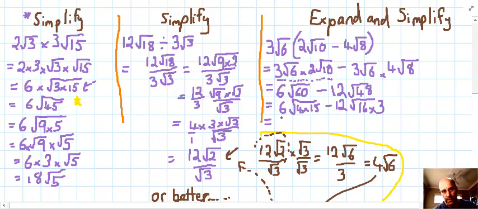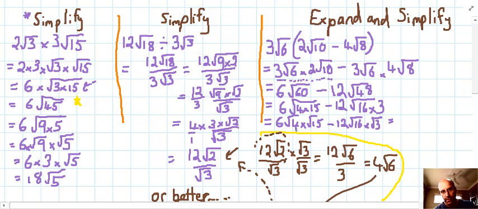And that'll be 6 by root 4 by root 15 minus 12 by root 16 by root 3.